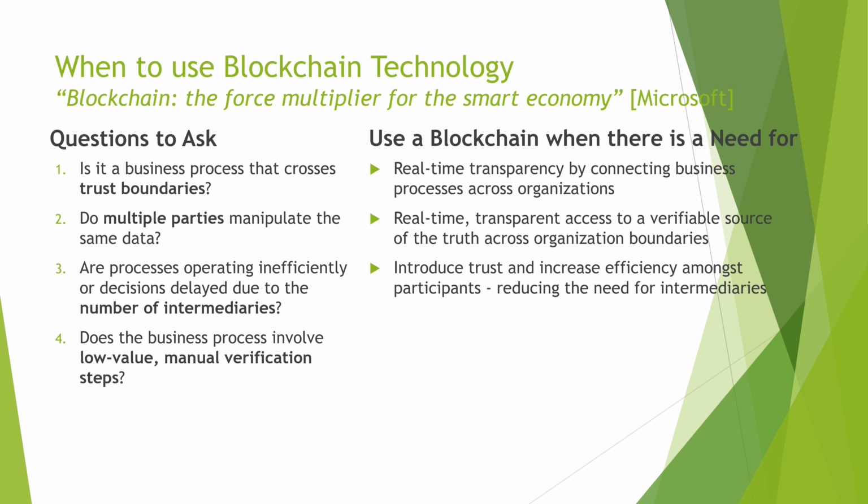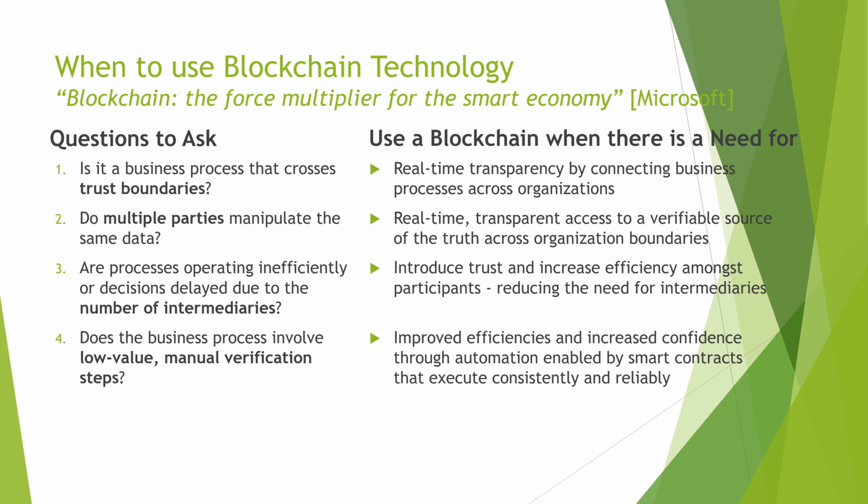When you want to introduce trust and increase efficiency amongst the participants, reducing the need for the intermediaries that are creating inefficiencies and creating delays. And lastly, the improved efficiencies and increased confidence that results through the automation and the smart contracts that execute these business processes consistently and reliably.